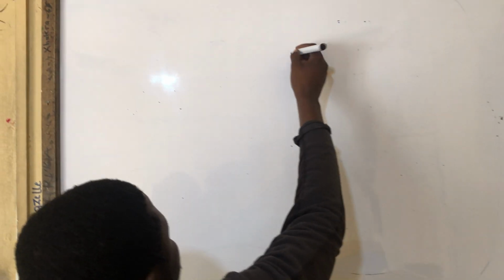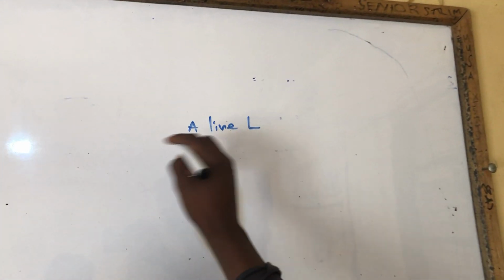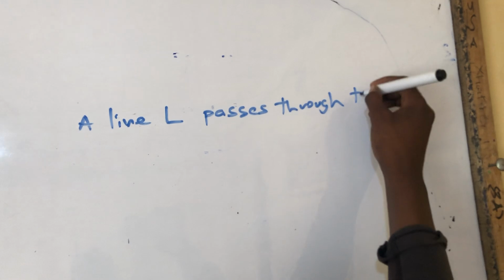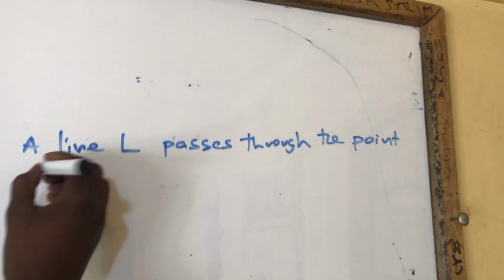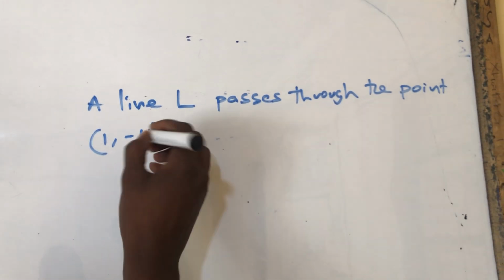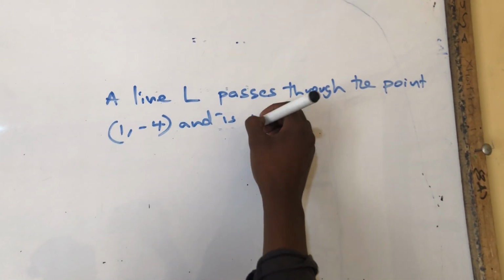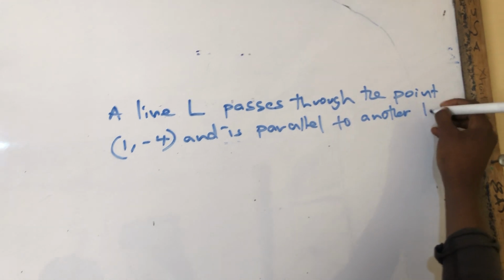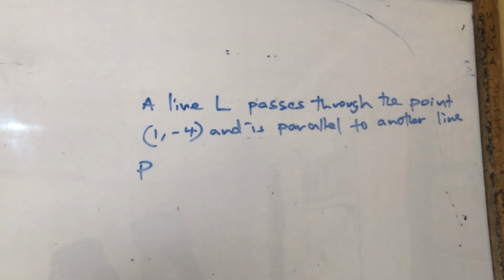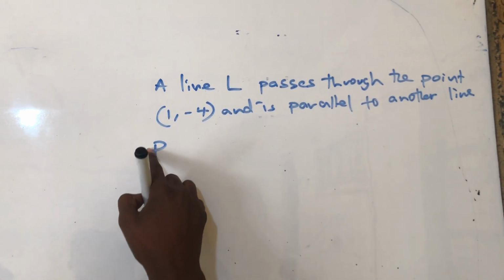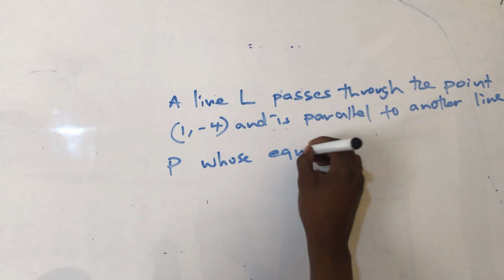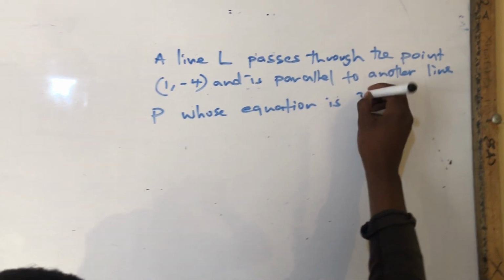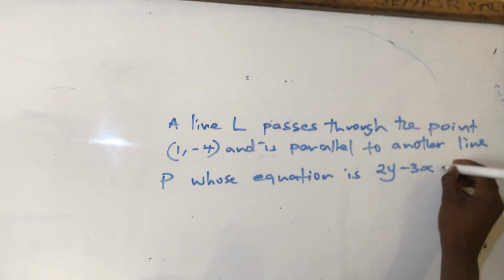A line L passes through the point (1, negative 4) and is parallel to another line P whose equation is 2y minus 3x is equal to 7.